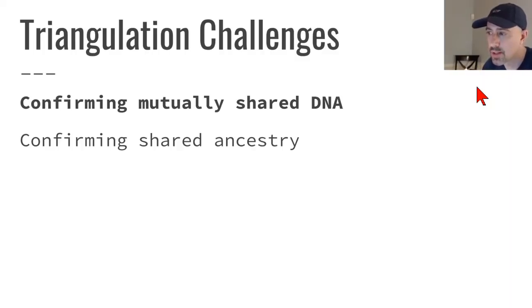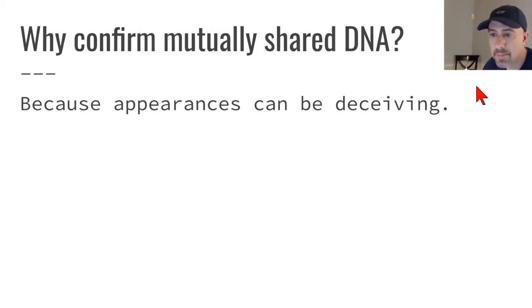We want to be sure that it's not just apparent, but that the shared DNA is actually shared. And the parallel challenge is to confirm the shared ancestry, as we alluded to with the previous example. With visual triangulation, we're focused on that first challenge.